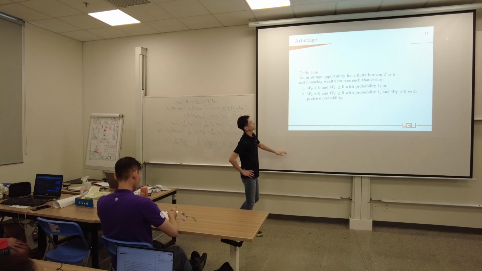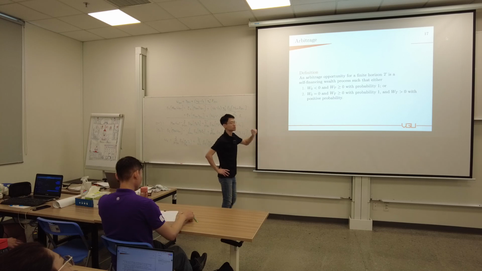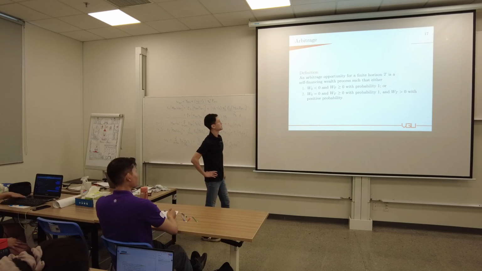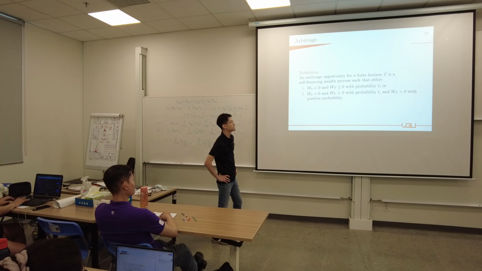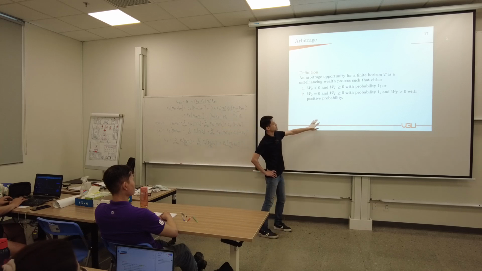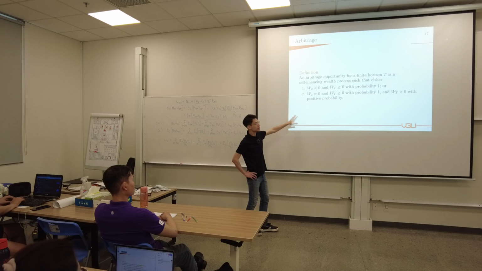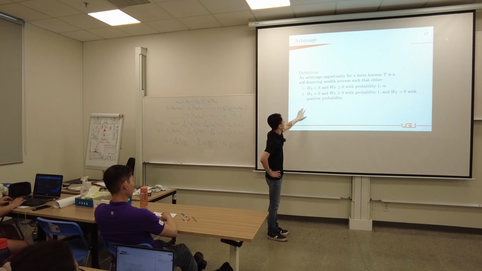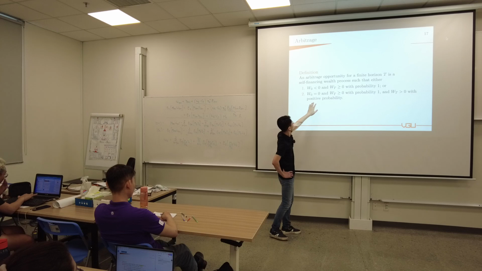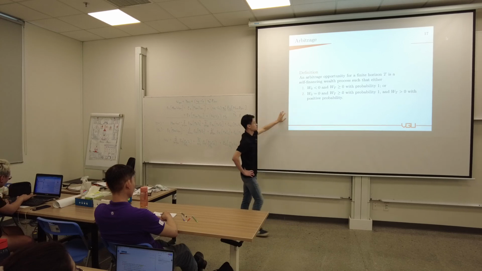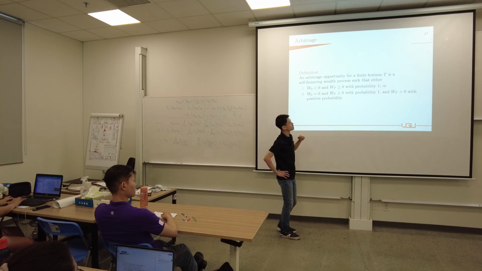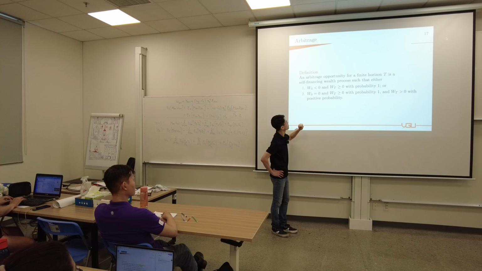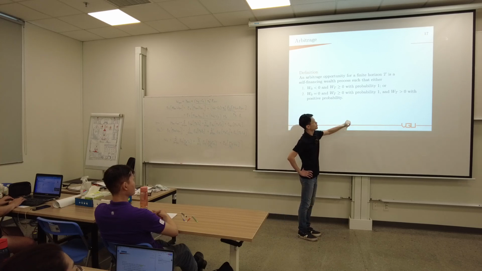Now we have a dynamic model, so arbitrage has a slightly different definition. What is an arbitrage opportunity? An arbitrage opportunity for a finite horizon T is a self-financing wealth process. It is self-financing, so we do not add in any extra funding, such that either W_0 is negative, so we get some upfront funding but we do not have to pay, and W_T is positive with probability 1.